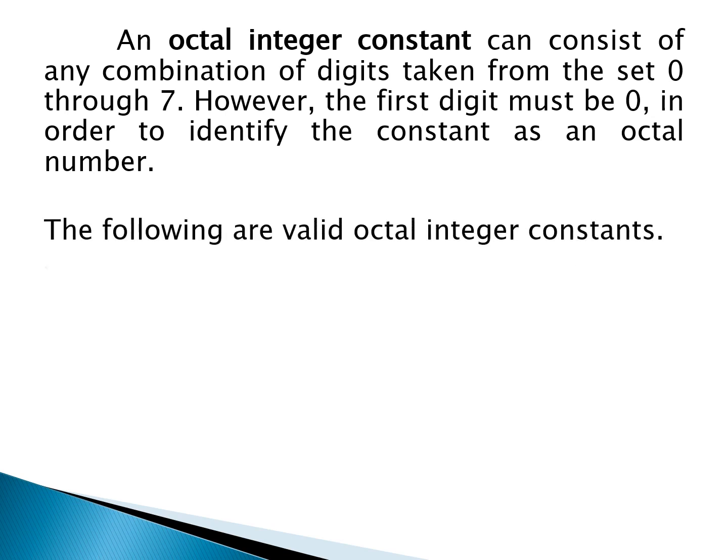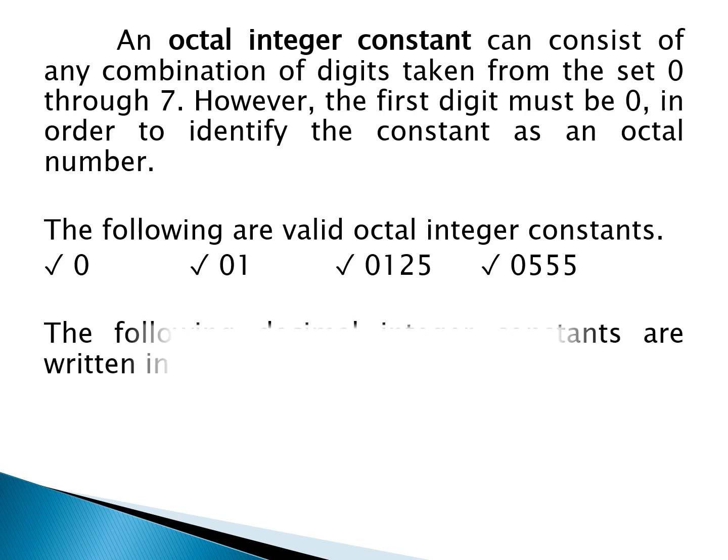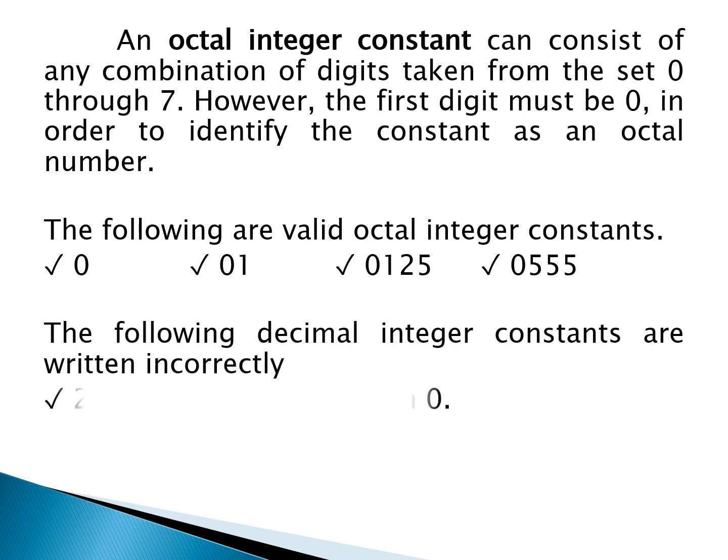The following are valid octal integer constants. Example, 0, 01, 0125, 0355. These are valid octal integer constants because all of them start with 0. Then we shall see some invalid octal integer constants.